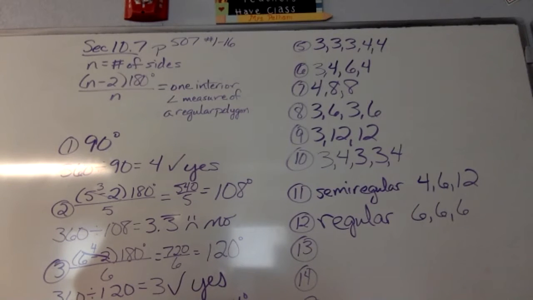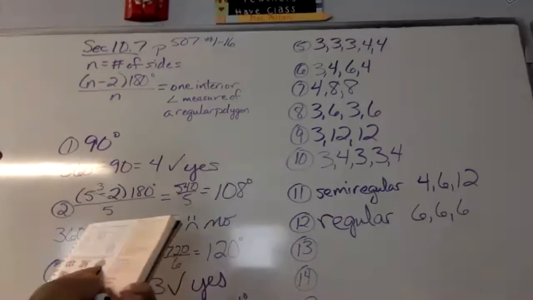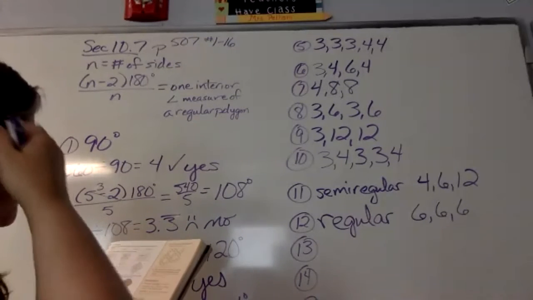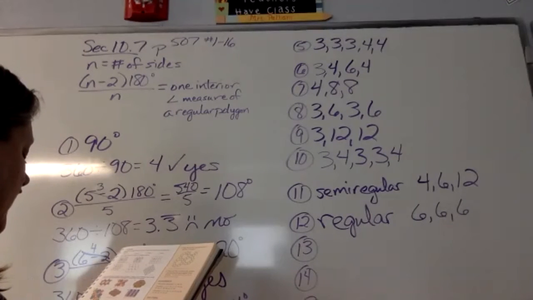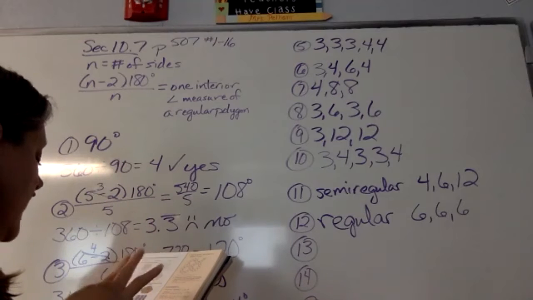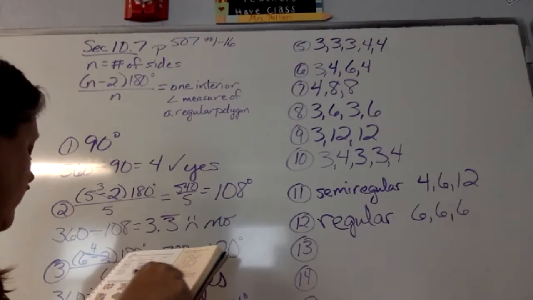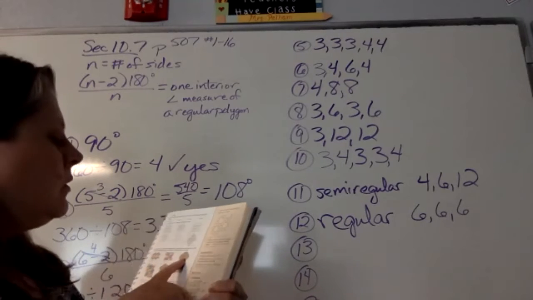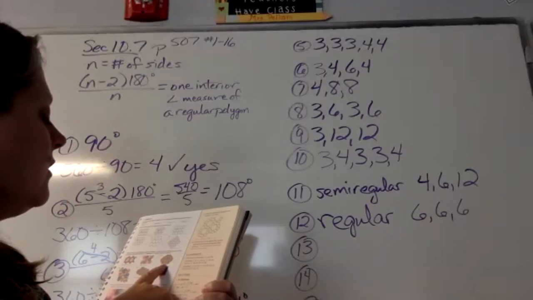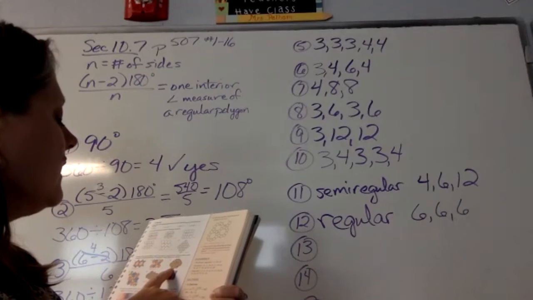Number 13, is it made up of different shapes or the same shape? Different. It's got different ones. So then we look at it and see if it's semi-regular or irregular. Do those shapes that are in there look like they're made up of congruent sides?